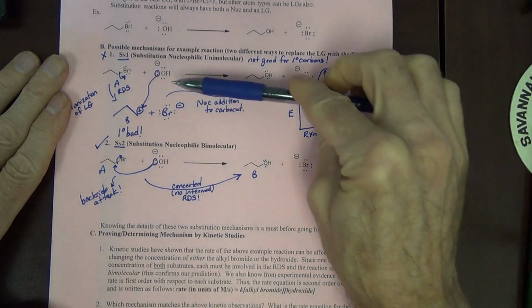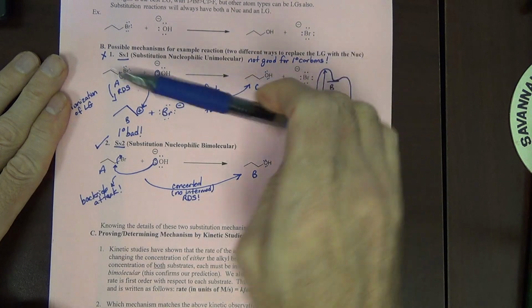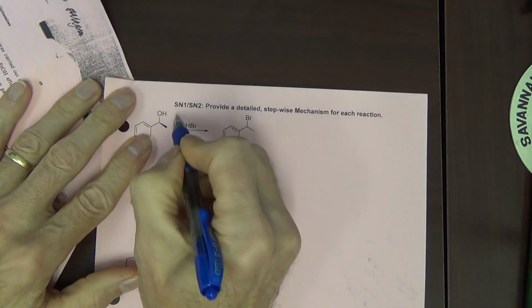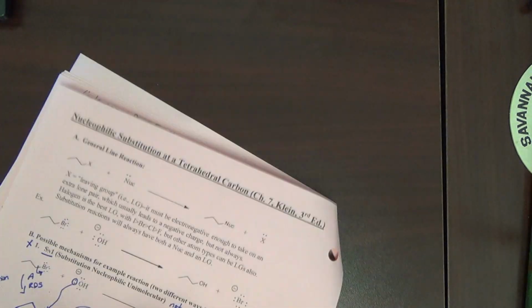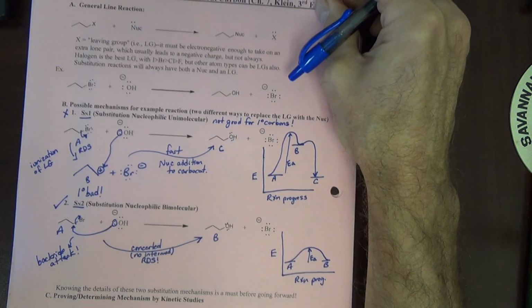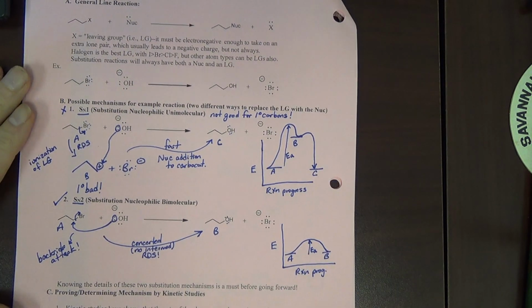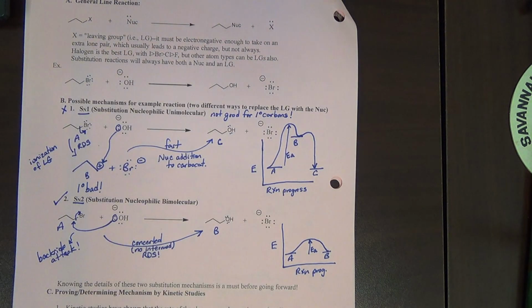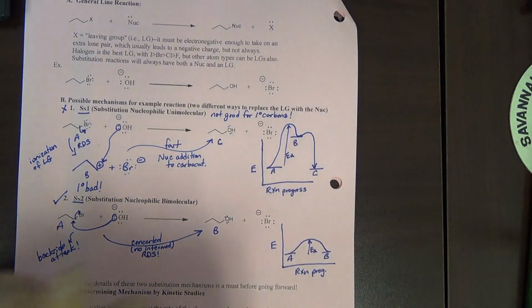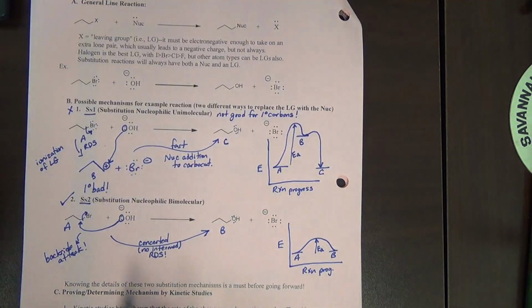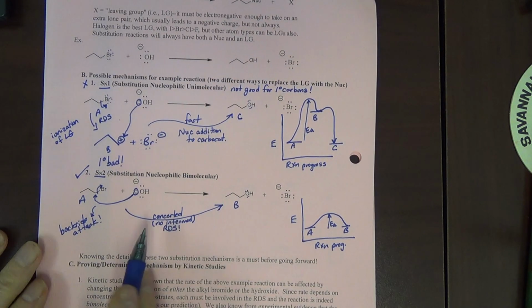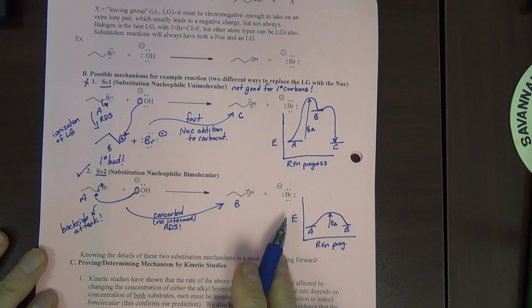Now I present, these are our two mechanisms. SN1 and SN2. I present them both here at the outset. Many instructors will only present maybe one. That is, this reaction will often start with just SN2 and talk about SN2 for maybe two or three days.